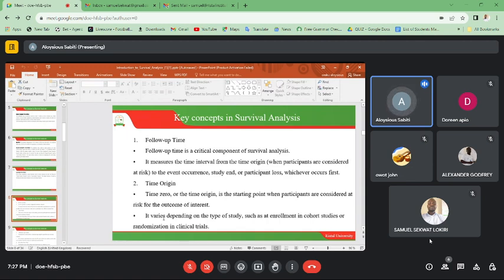So it varies depending on the type of study, such as at enrollment in cohort studies or randomization in clinical trials.